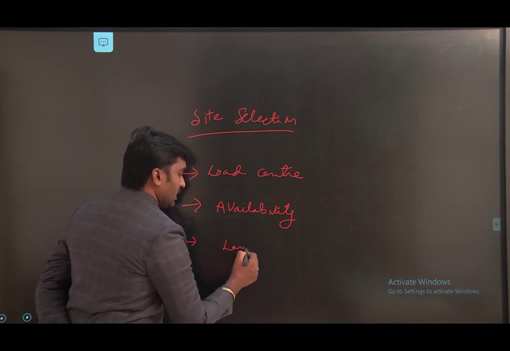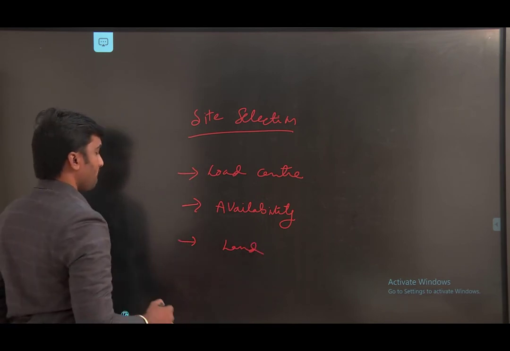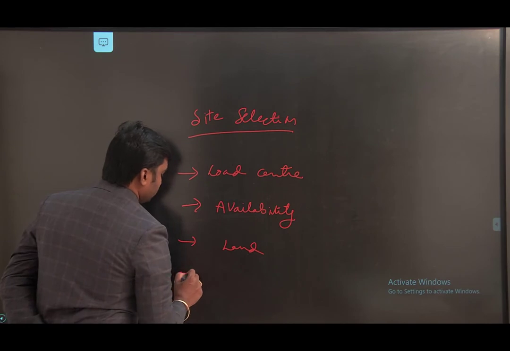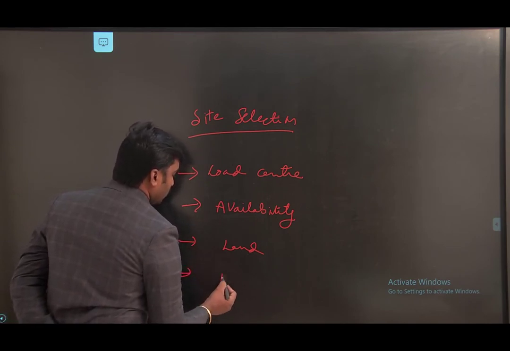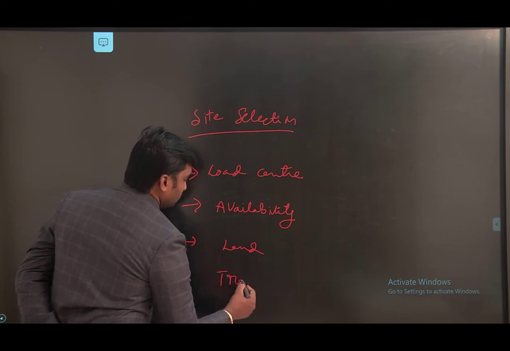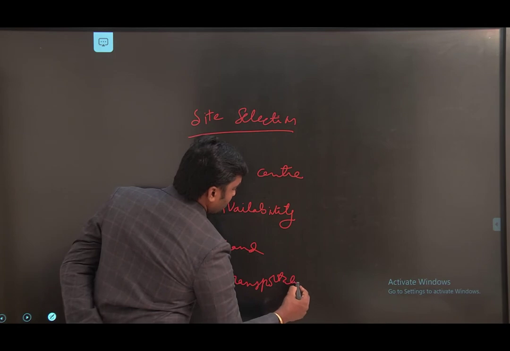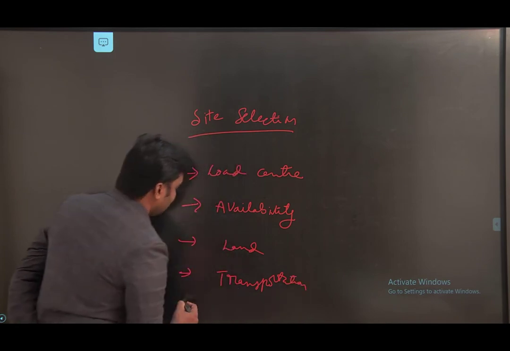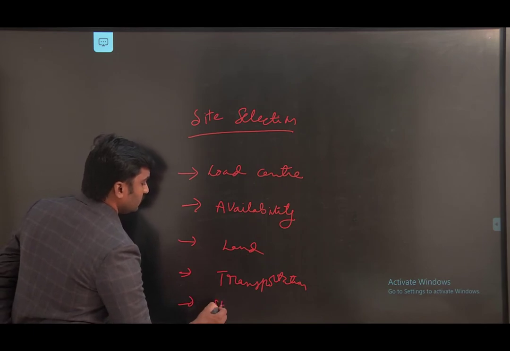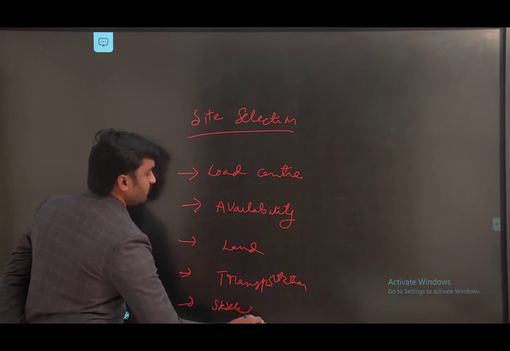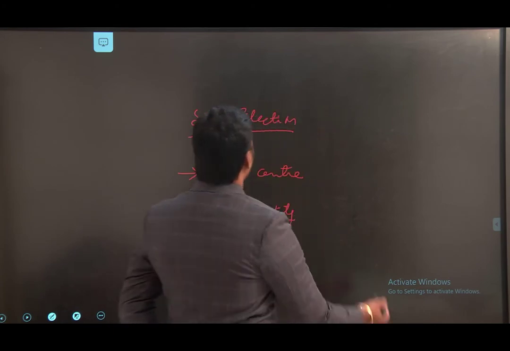It requires high standard, stable land. Also a transportation system is required here. These are the main considerations for nuclear power stations, and it mainly requires skilled persons nearer to the place. Skilled persons are required. It is very dangerous, that's why only skilled persons are required.